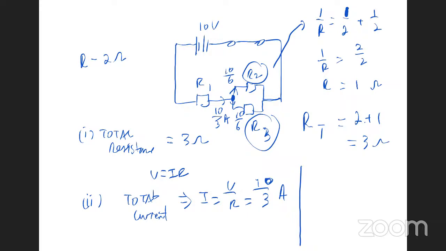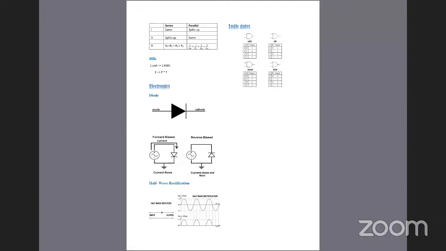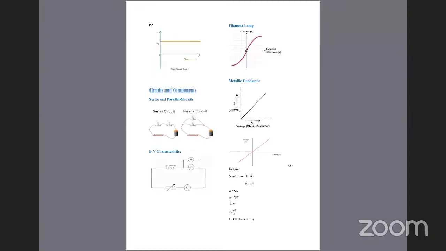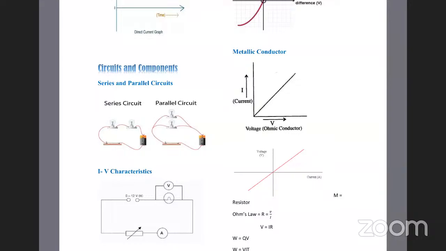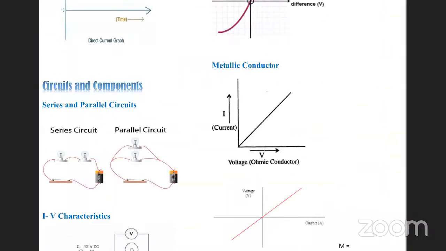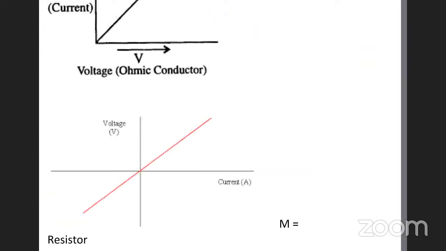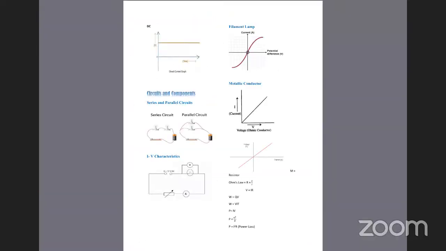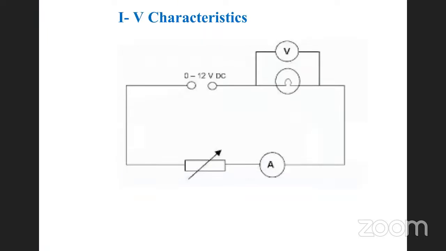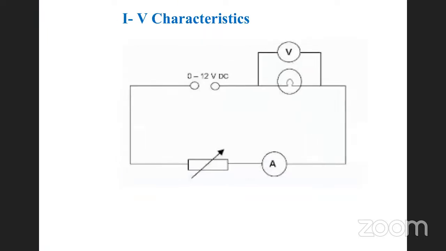All right, nice. Let's go back to where we were. Sometimes they like to ask us to find or draw the IV characteristics of a conductor or a resistor and so on, right? This is the circuit that will always work. You have your voltmeter in parallel, your ammeter in series, and your variable resistor so that you'll get different current readings.